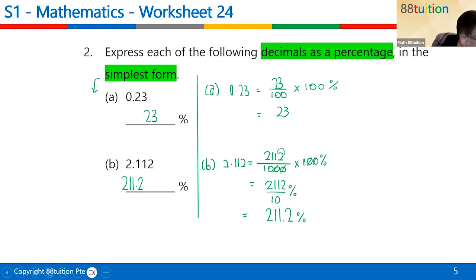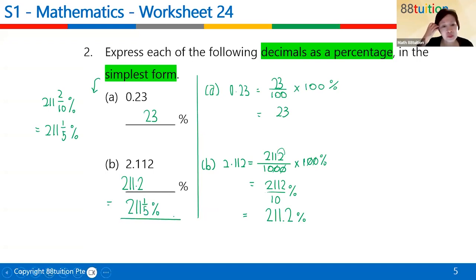So for 2,112, can I put it as 2 over 10? Can I say this is equal to 2,112 in the simplest form here? Right? So we will say 211 and 1/5% for the final answer.